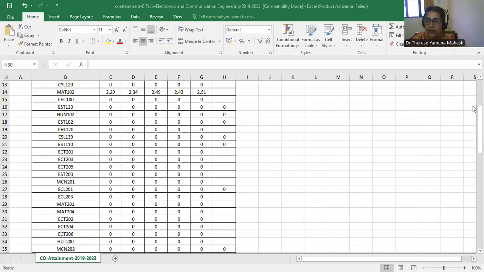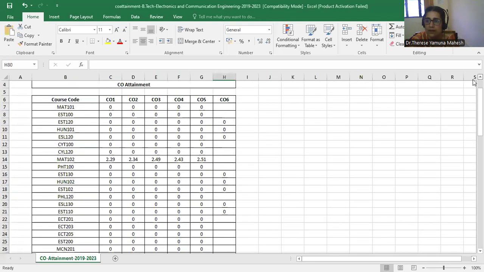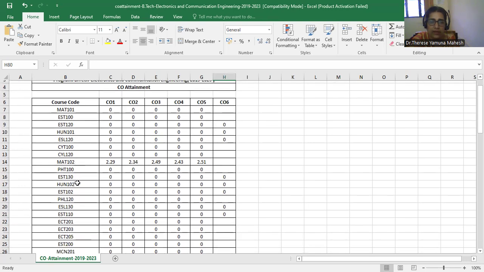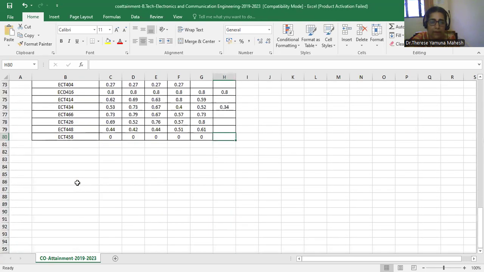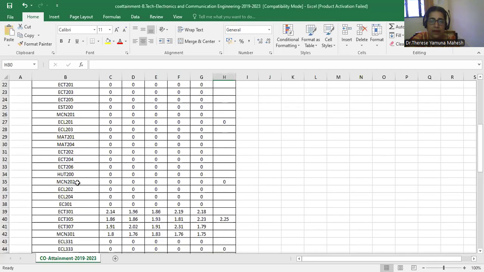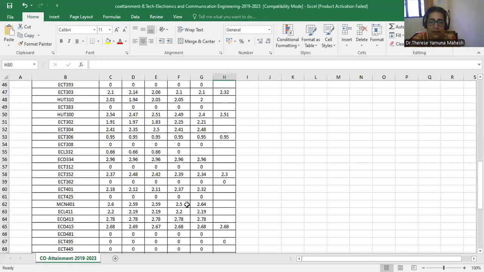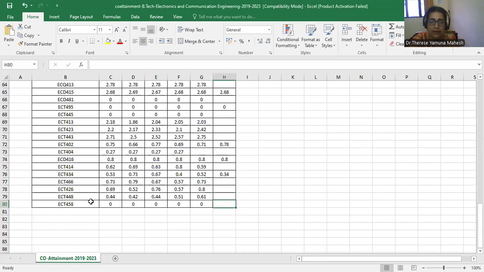Let me show you the CO attainment tab. So all of us know how to calculate the CO attainments. So here, the first column shows all the subjects for the program, and the corresponding CO values are entered over here. Okay. So these values are used for calculating the PO attainment.